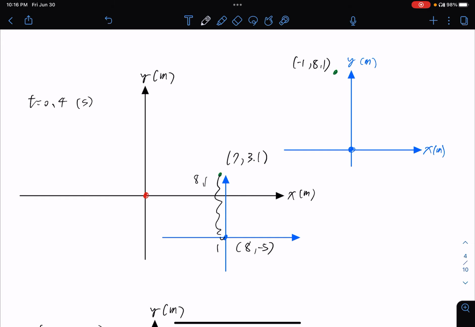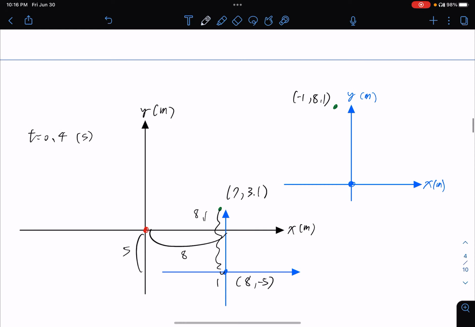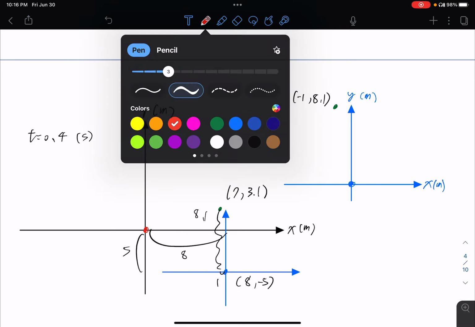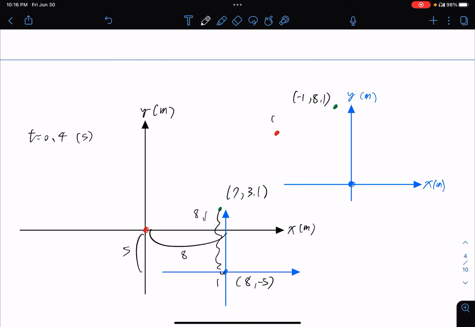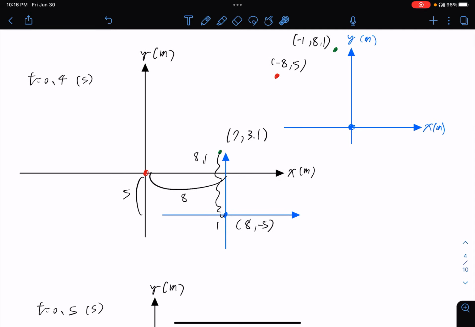And for the red dot, it is going to be 8 and 5, so it's going to be here. Minus 8 and 5, because the red dot is to the left of the blue dot. Good.